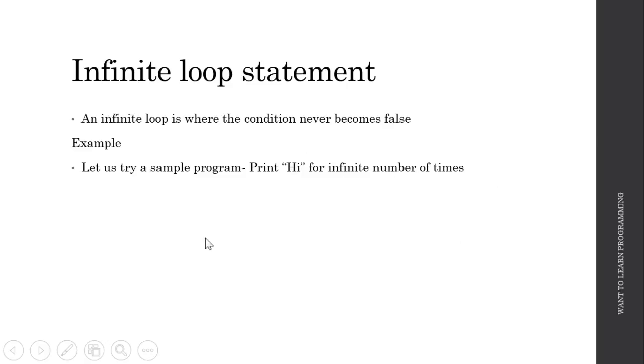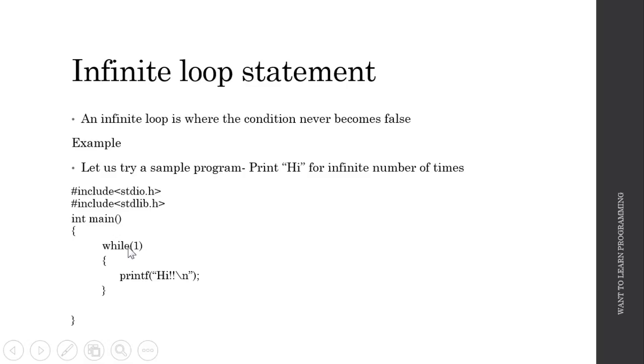We will be first writing the header files hash include stdio.h and hash include stdlib.h, and next we will run the int main. Inside the int main, we will write a while one statement. While one is written so that the condition is always equal to one, that is, condition is always true.